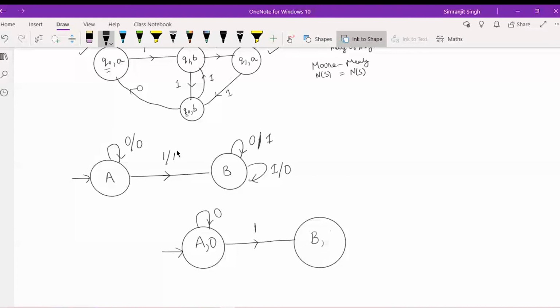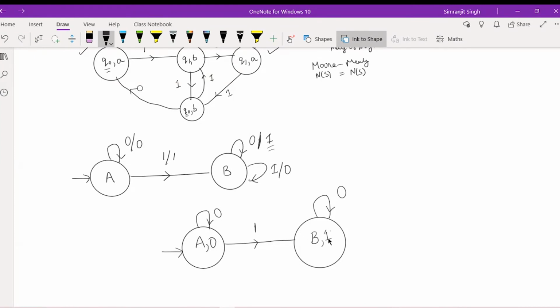Now if you see the output 0, this is valid here. If I do a self loop of 0, it is going towards B which has an output of 1. So this is valid here. Take that 1 here and place it here. But this is not valid here. It is saying that on a self loop of B, it is going towards that B which has an output of 0.